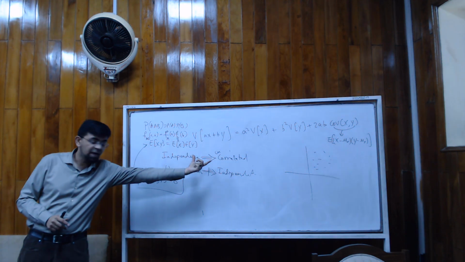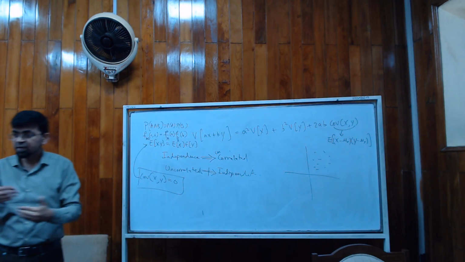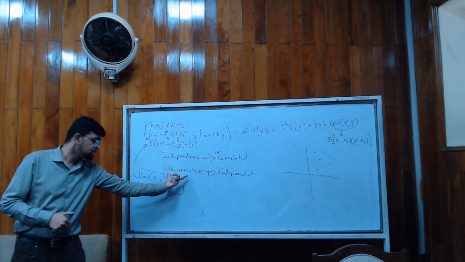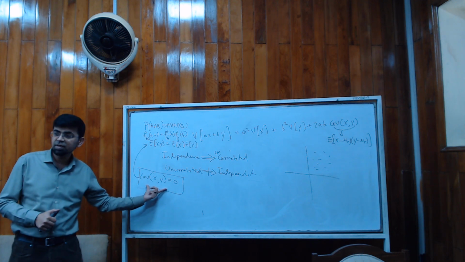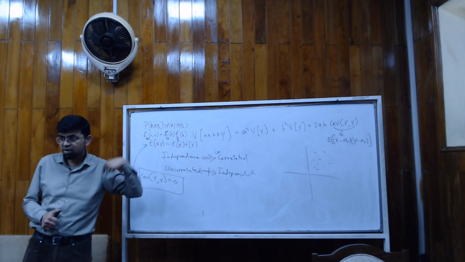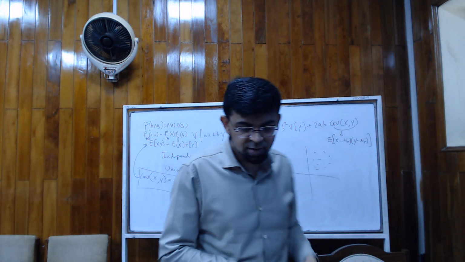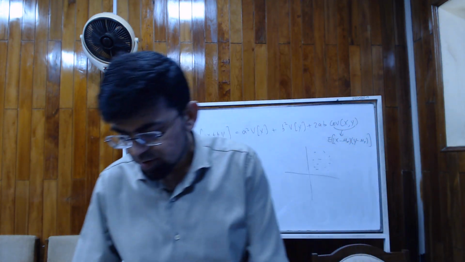If you prove independence or assume independence, uncorrelatedness comes as part of that package. But if you assume uncorrelated or find it to be uncorrelated, independence does not come in the package. So that was another important result we saw.